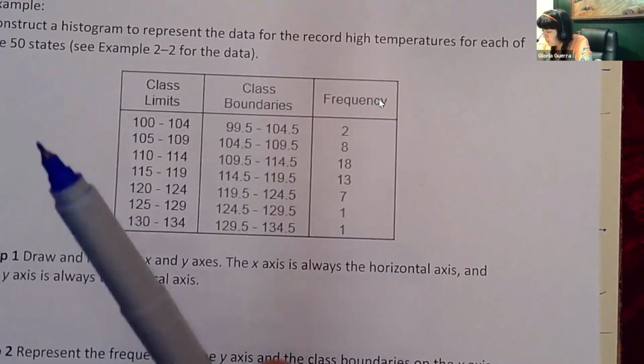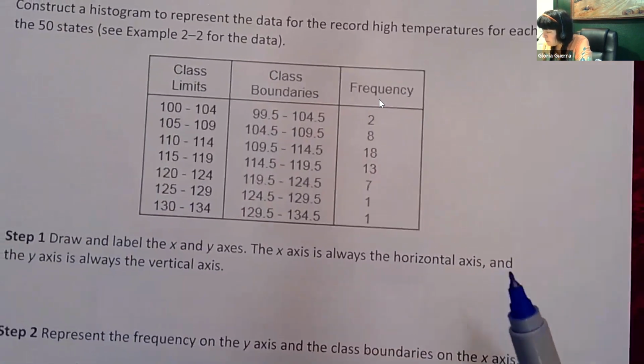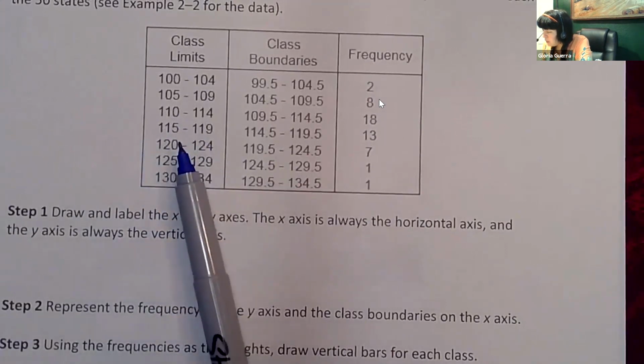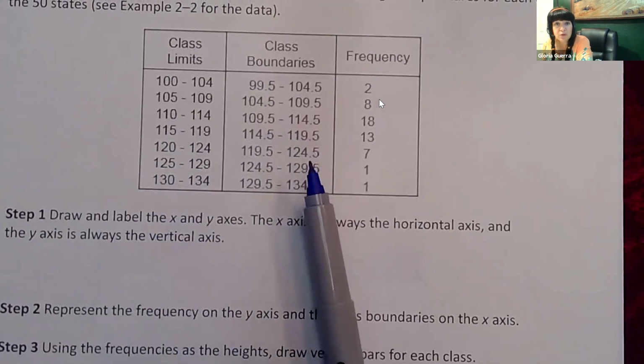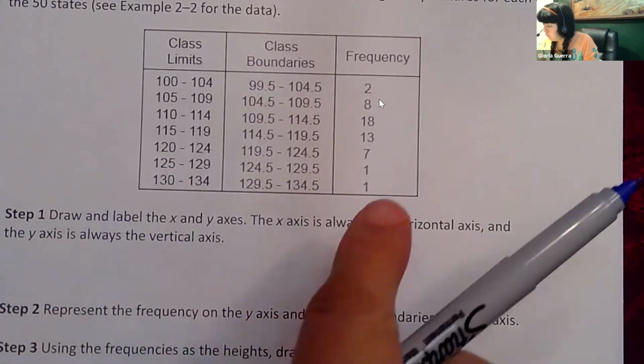So apparently they have a related example there in your ebook you can look at. And notice how they have the class limits here, and look how they already calculated all the class boundaries. They didn't let us participate and calculate any of the class boundaries, but they've got all those figured out there. And then they've got the frequencies.